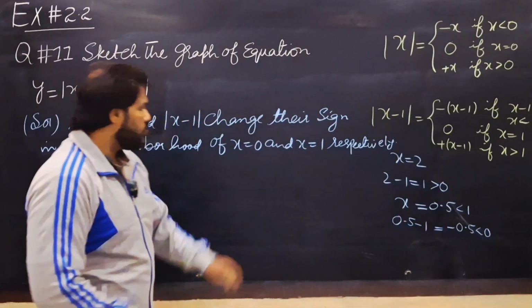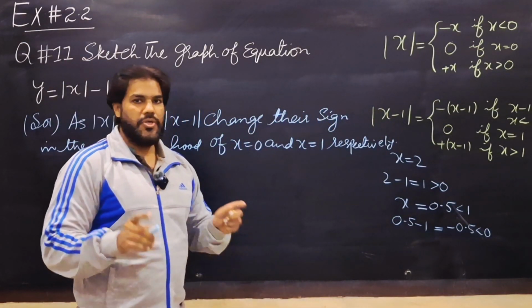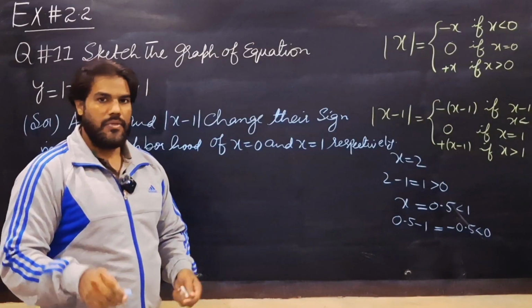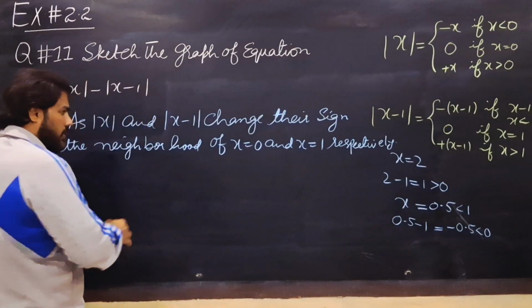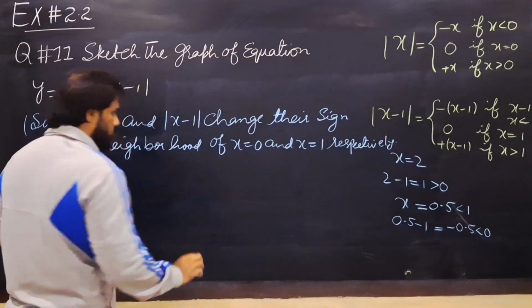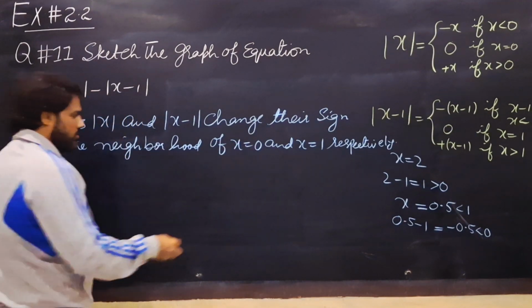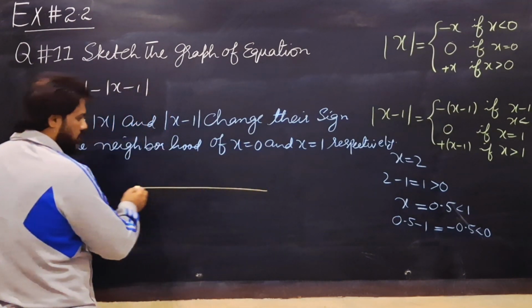It means these two numbers, x equals 0 and x equals 1, will divide the real line into three disjoint parts, as shown in the figure below.